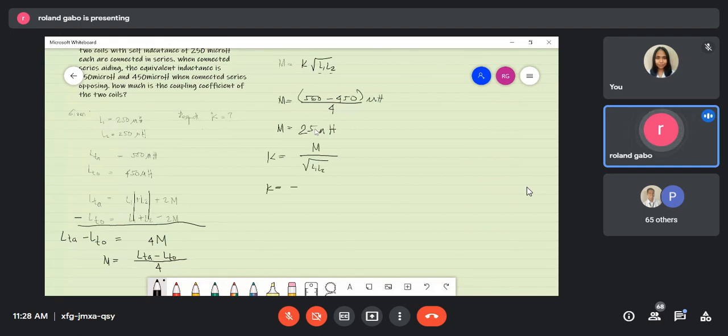So K will be equal to M. So 25, we will remove micro now.